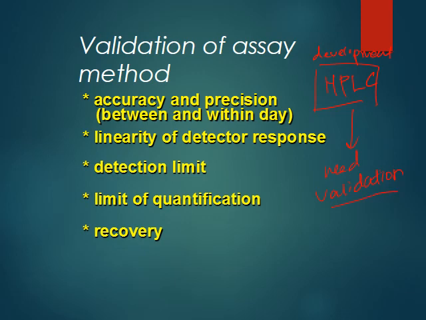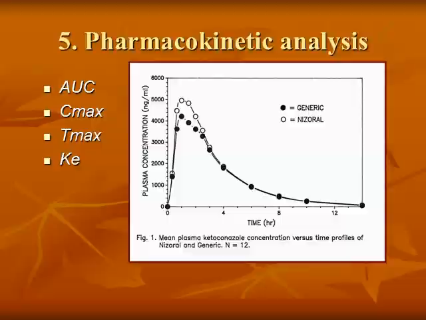The criteria for validation will be accuracy, how accurate the method is, precision, linearity of the detector response, detection limit, limit of quantification, and recovery of the method. I assume that you learned about HPLC in your chemistry subject, so I won't repeat HPLC in detail. You may want to revise some of your notes from the chemistry lecturer.